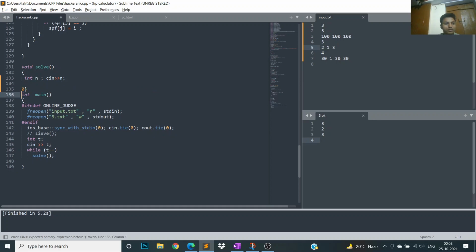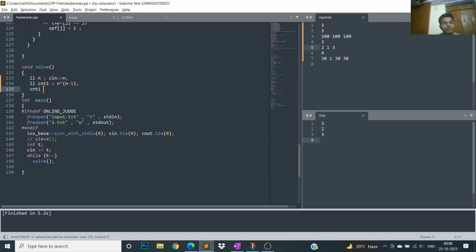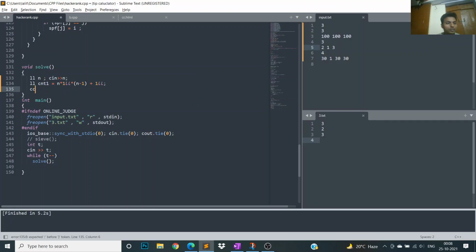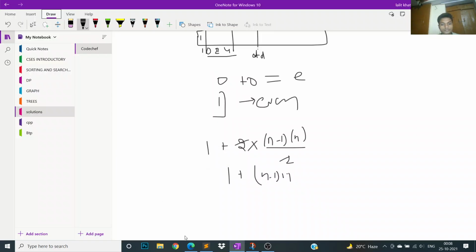Into n minus 1, count 1. There is no problem with 1 plus n into n minus 1.